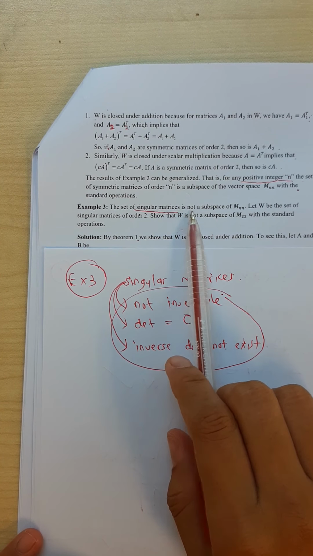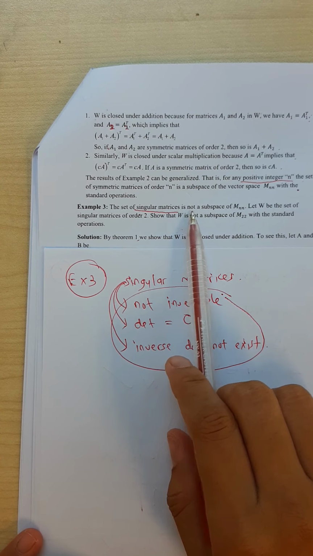So W is a set of singular matrices of order 2. What does order 2 mean? Order 2 here means that you have a 2 by 2 matrix. The question says, show that W is not a subspace of M22 with the standard operations.